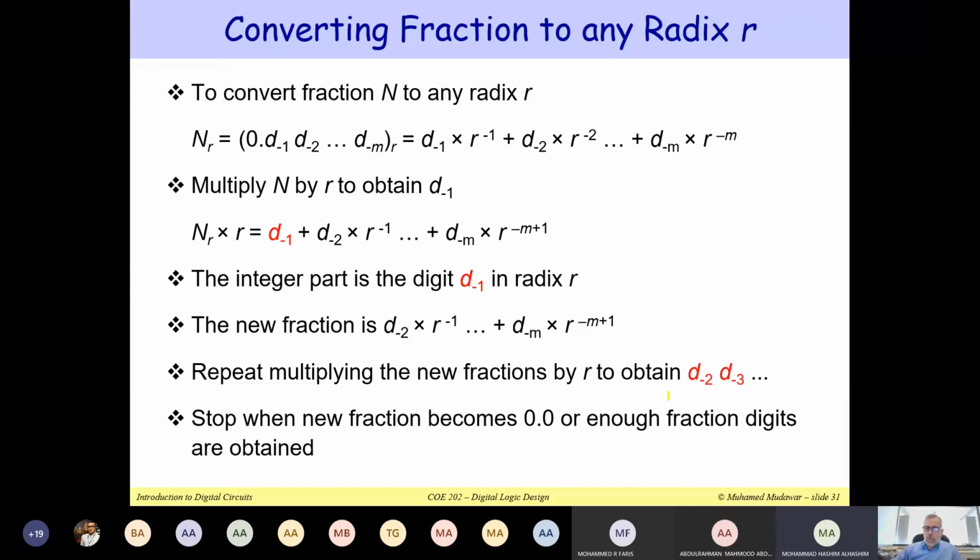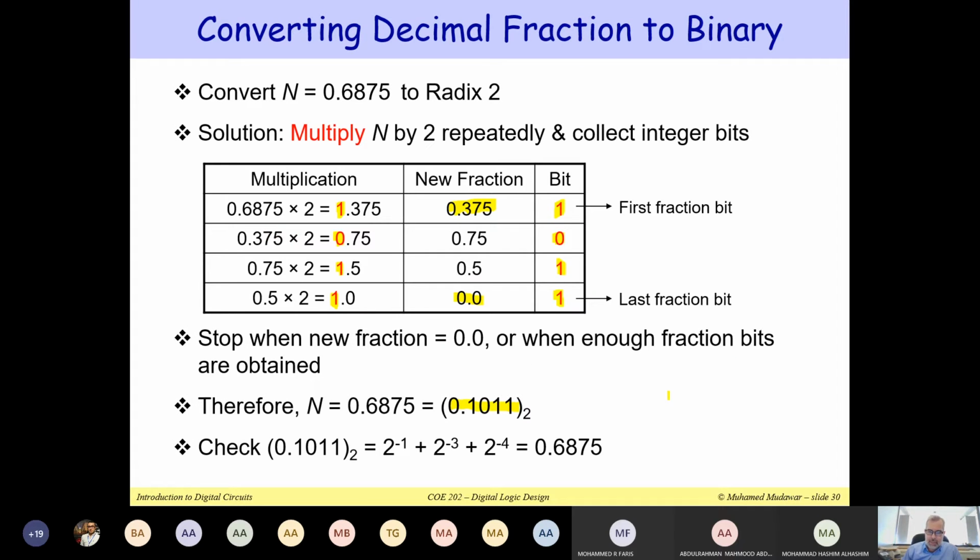Now, you can actually do this in any radix R. If you have a number n and you would like to convert its fraction to a radix R, what we have done in the previous slide is that we converted to binary, which is radix 2. So we multiplied by 2.